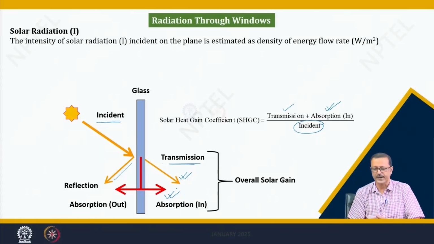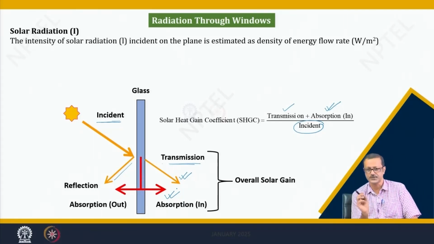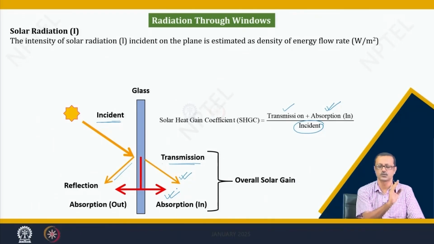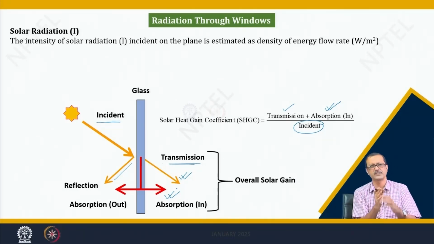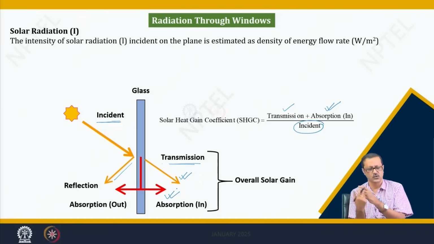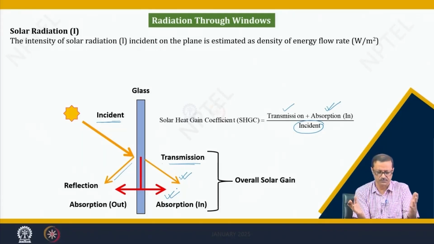The solar heat gain factor is a unitless quantity that gives a particular ratio, and it fluctuates between 0 and 1. If everything is blocked, nothing is transmitted, nothing is absorbed, it is 0. And if everything comes in, nothing is reflected, nothing is absorbed out, then it is 1. Both may not occur; it will occur in between.